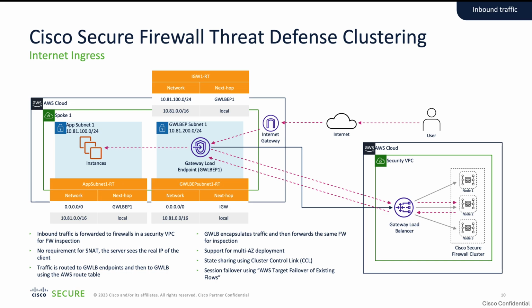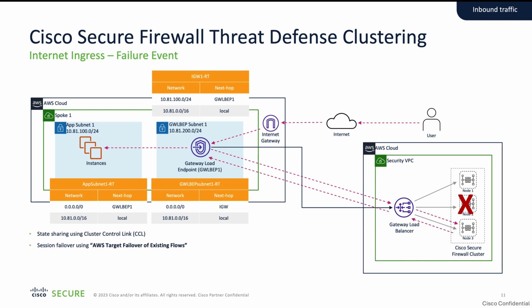The firewall inspects the traffic, and based on the policies that you configured on the firewall, let's assume the firewall allowed the traffic. Then it will go to the gateway load balancer again, then to the gateway load balancer endpoint, and then to the application instance. So this is how the traffic flows when the traffic comes from the internet to your applications inside the VPC, right?